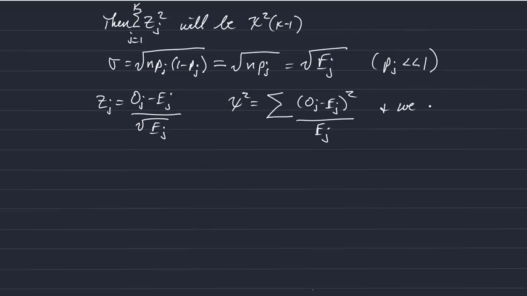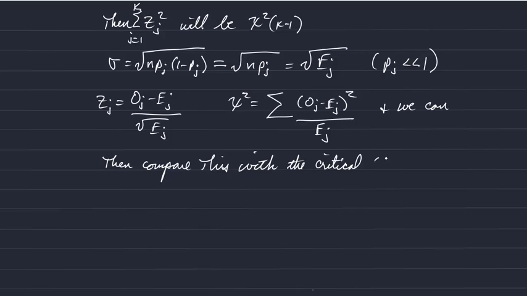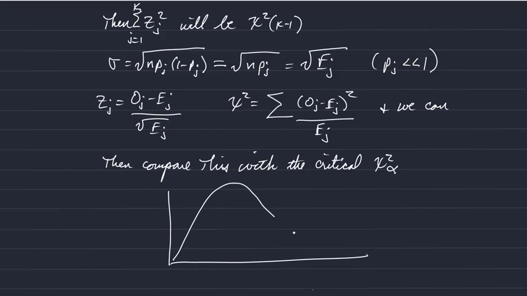and we can then compare this with the critical chi squared. And this test will always be one-tailed. So this is our chi squared for a given number of degrees of freedom. Because we only care about large values of chi squared, right?